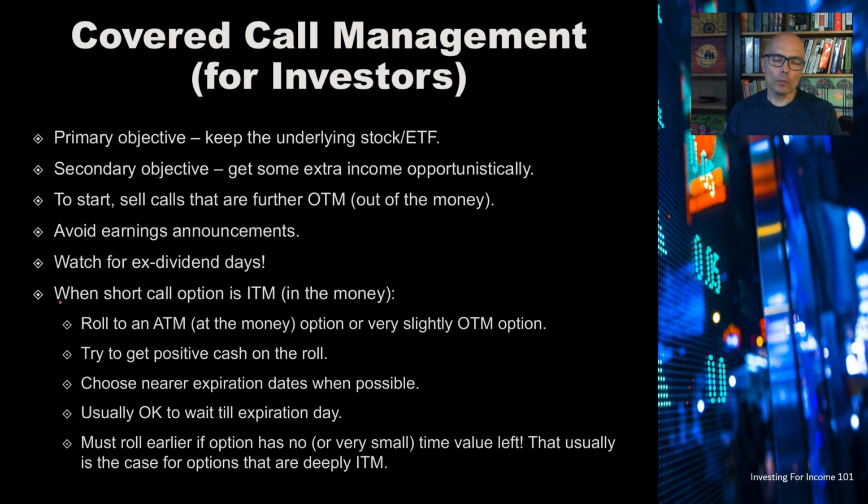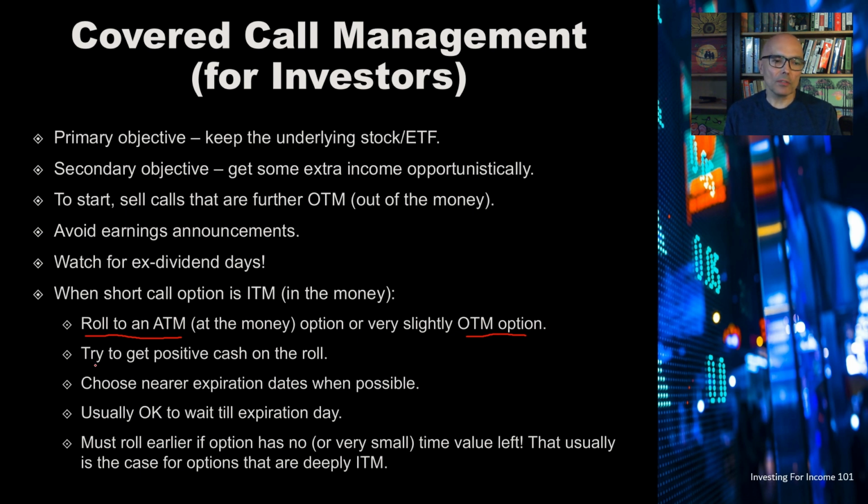So what's the best strategy to roll the call options? When your call option is out of the money, well, you can just let it expire worthless, right? When it's at the money or in the money, then a good strategy is to roll to an at the money option or slightly out of the money option, because that gives you a good way of getting further expiration and still getting some premium.